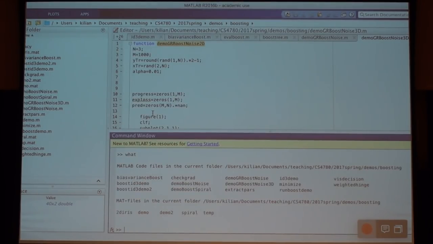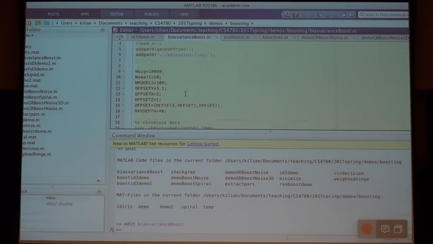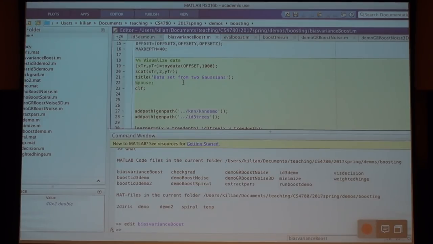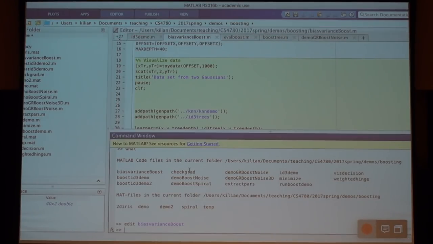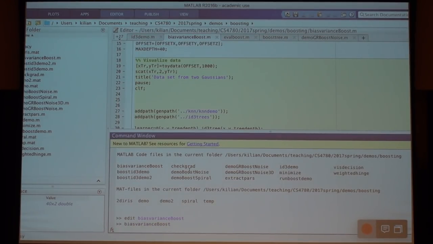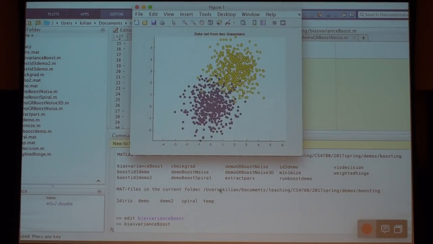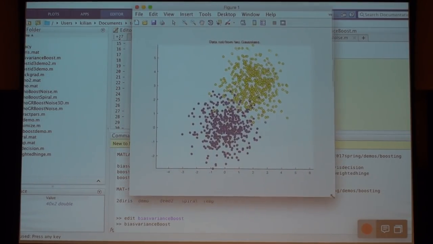Okay, I can show you one more demo. This is bias variance boost. So here's the good old data set of, actually let me show the data set this time. Okay, good. So this here is the data set one more time. So I have positive and negative points, and I try to separate them.